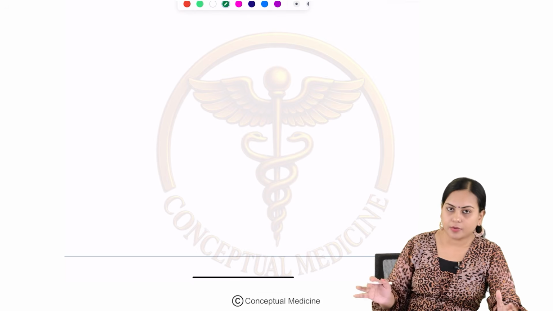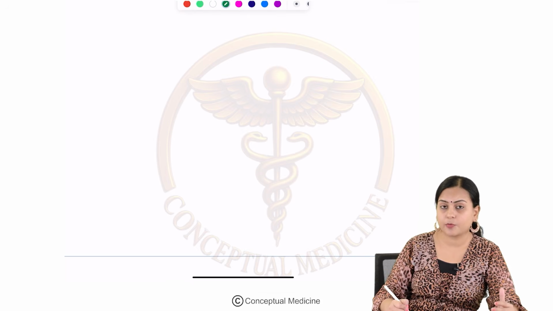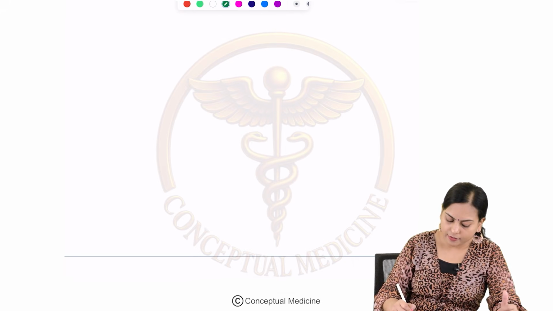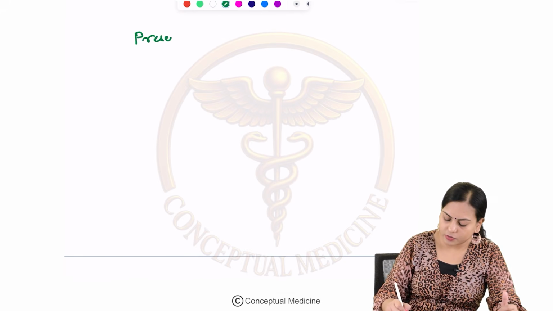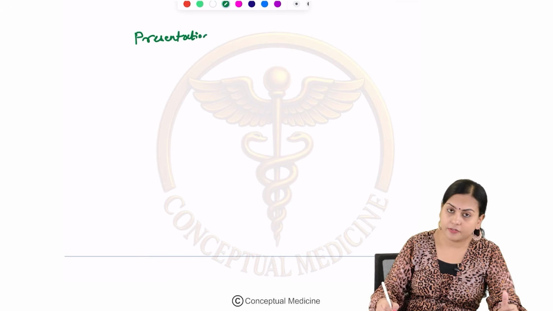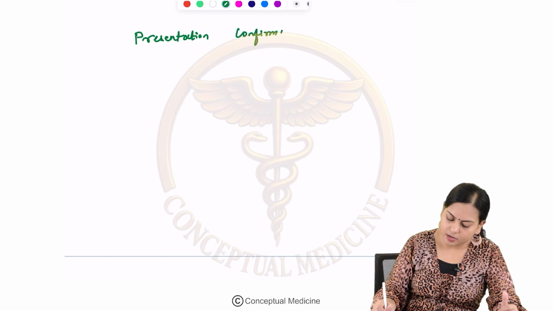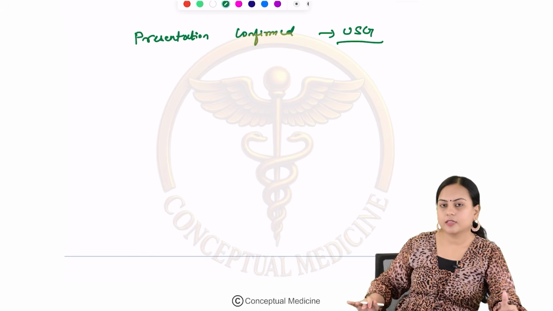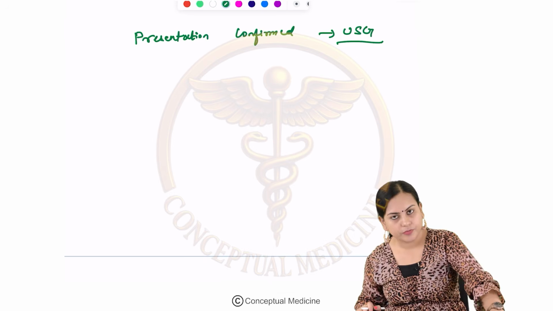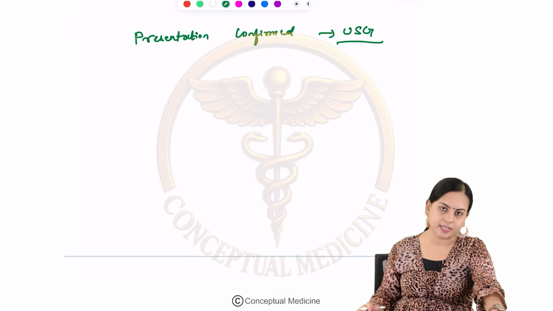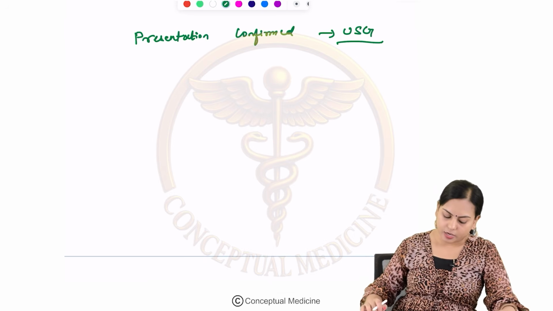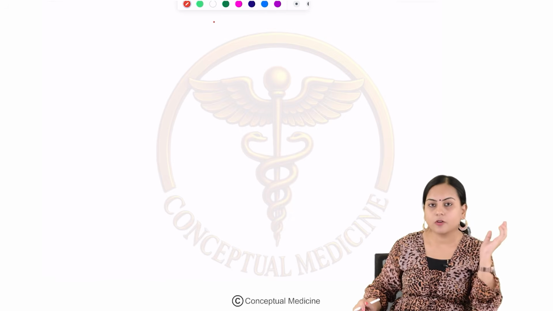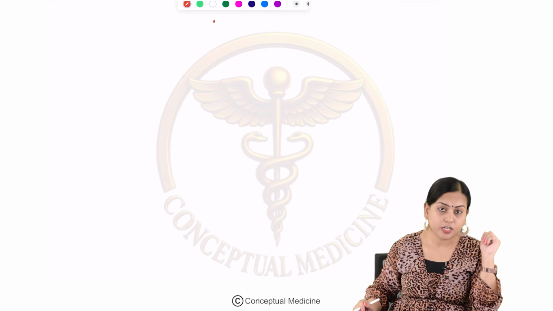And remember that once the procedure is completed, you have to confirm the presentation. The presentation is confirmed by using ultrasonogram once again, to confirm that the presentation is cephalic now. Clear? So, this is all about external cephalic version. Now, we'll see the mechanism of labor in breech presentation.